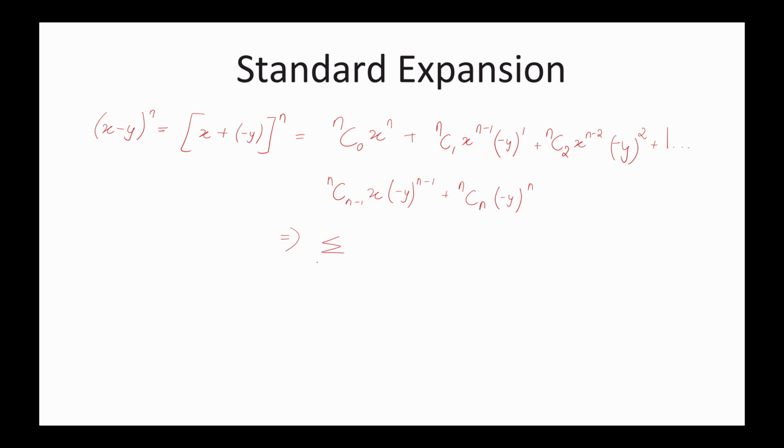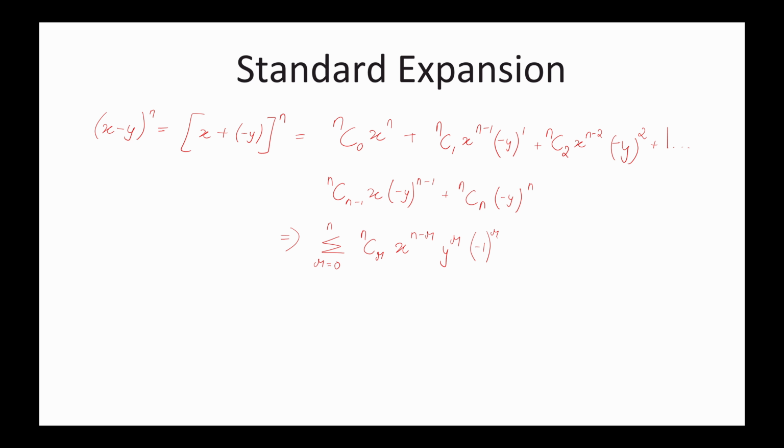It can be written down as summation r equals again 0 to n nCr, this remains the same, x^(n-r), this also remains same, and I can write this down as y^r and (-1)^r. So this can be written down as (-1)^r.